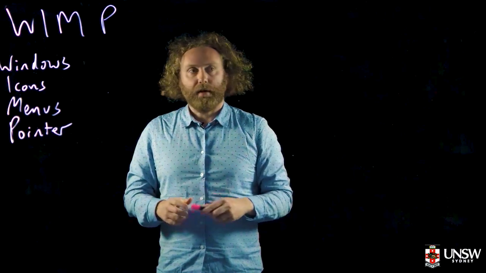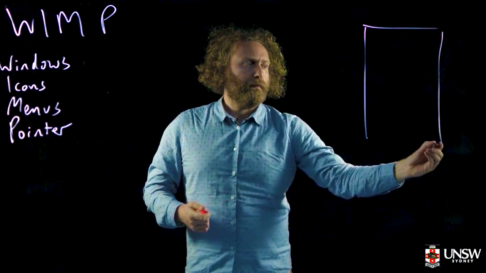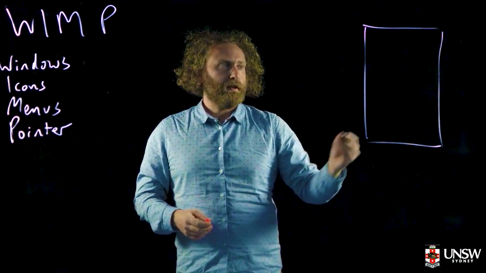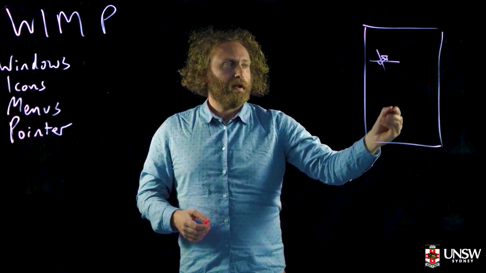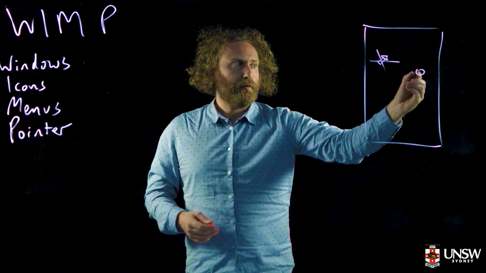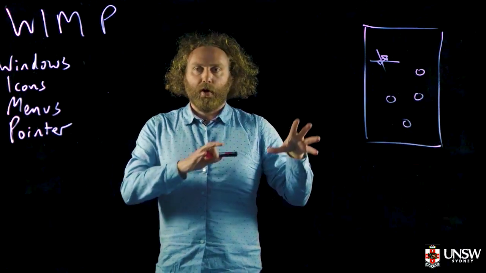Now, if we think about the way that a smartphone works, a touch screen, this is very different because it doesn't have a pointer, okay? So no pointer. Instead, we've got multiple fingers that make contact with the screen, but there is no hover state.